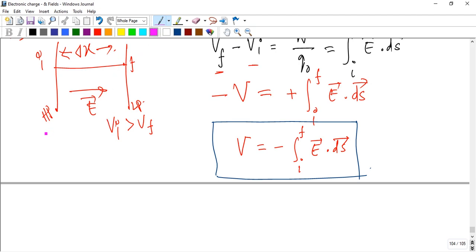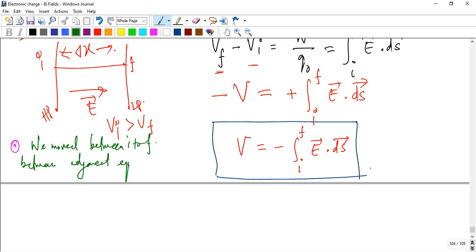The important point is that we move the test charge between I to F, between adjacent equipotential lines in a uniform electric field, parallel to the field lines.